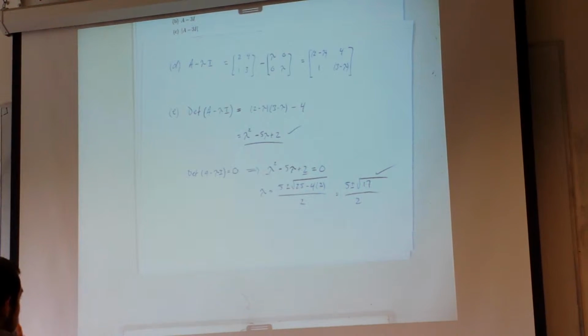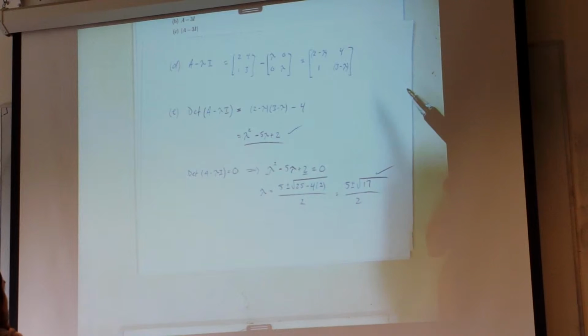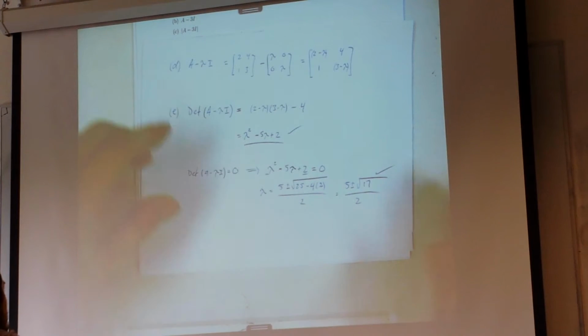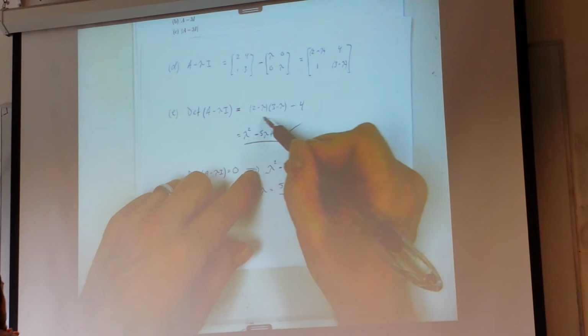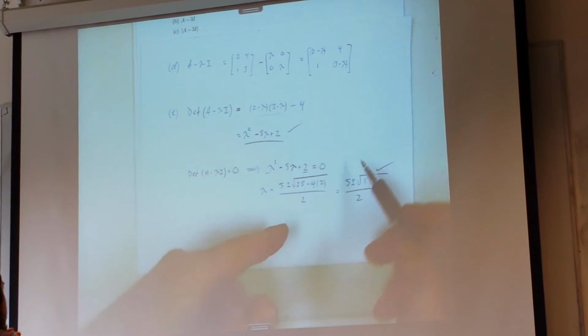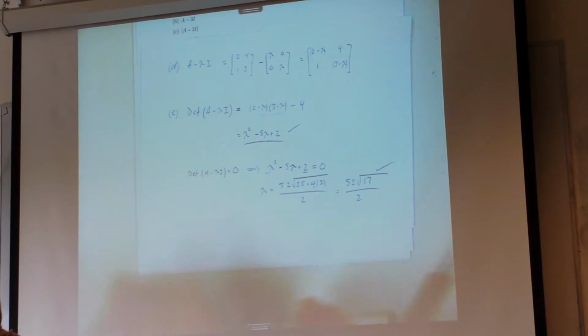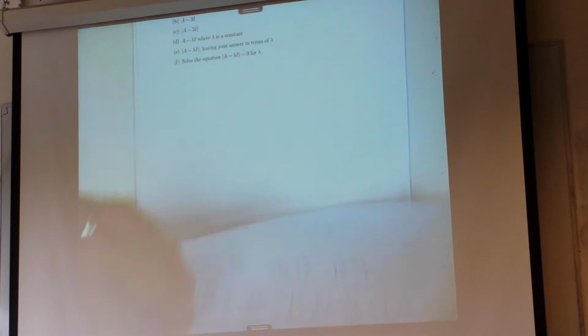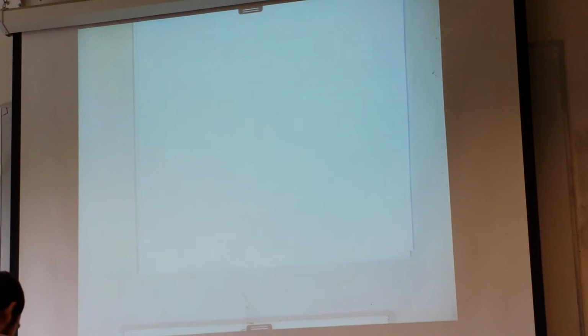Oh no, because it's 2 by 2, it has to be equal to 4. Yeah, you already put the 4 over there. Okay. All right, let's get back started into 5.1.